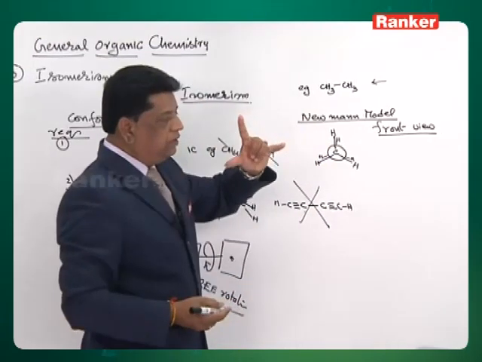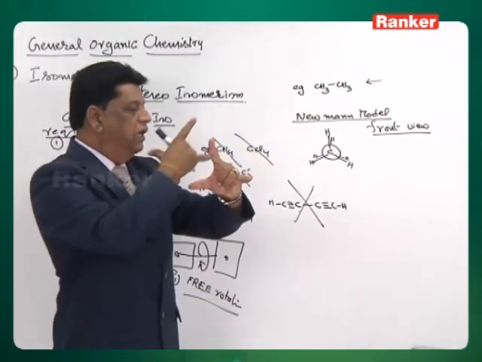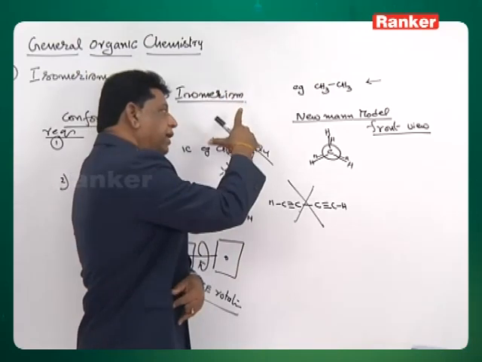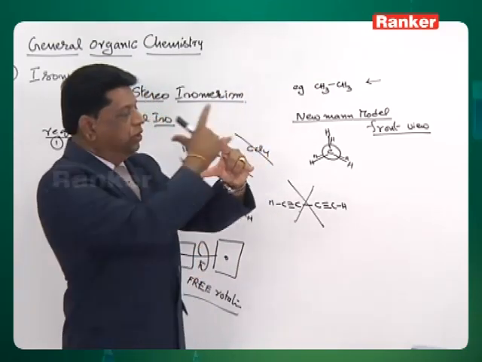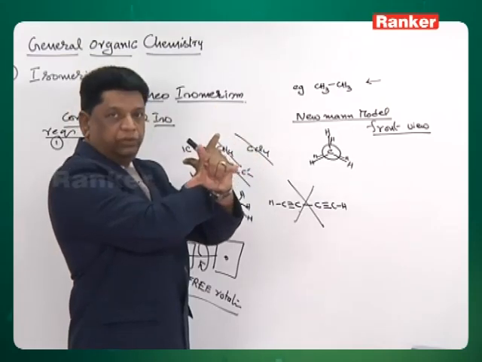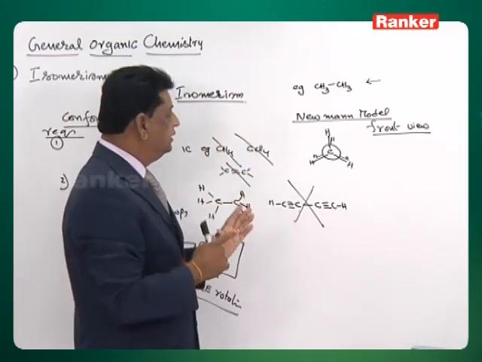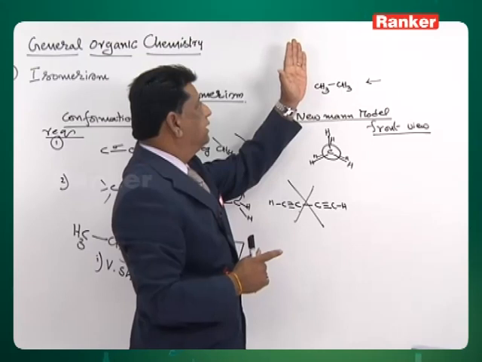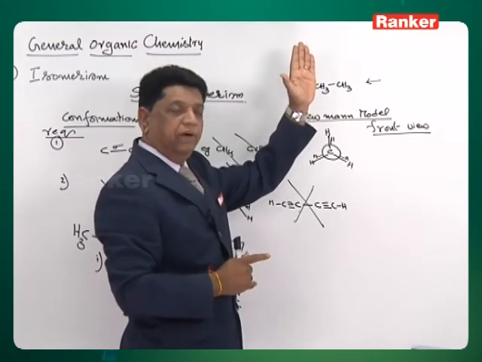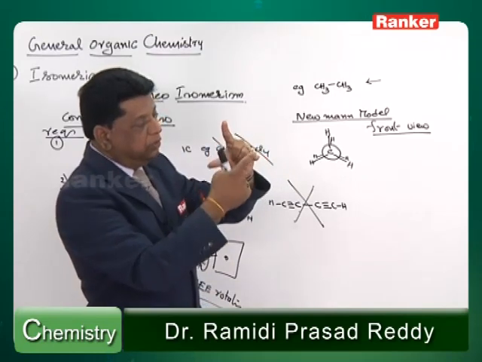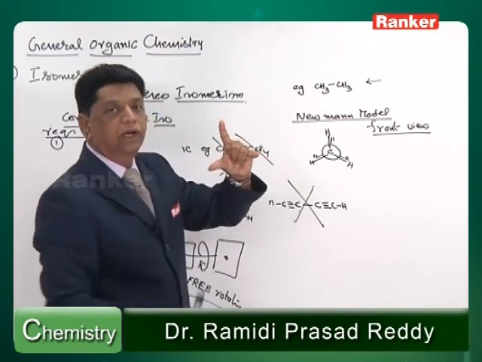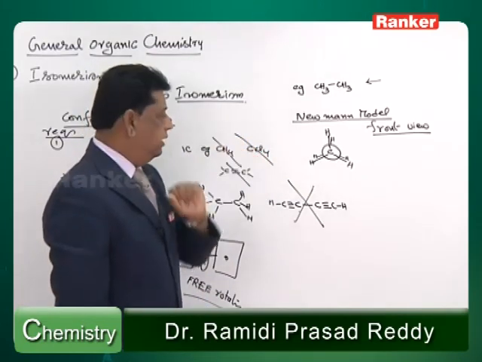The 3 hydrogens are projected towards you, the other 3 hydrogens are projected backside. They are not straight like this, they are projected towards you. The other 3 are also projected towards you, but from a long distance they appear as if they are standing, projecting upwards. They are projected towards you, isn't it? In order to see the angle, it is 109 degrees 28 minutes, right?